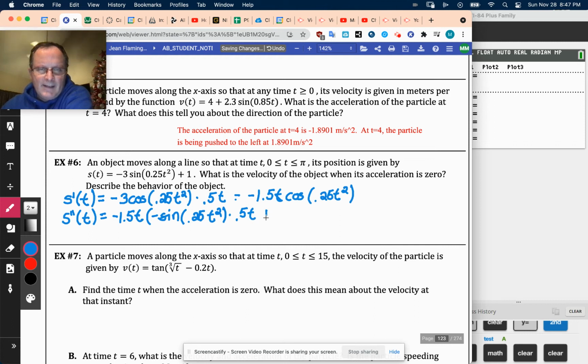Plus the second, which was the cosine 0.25 t squared, and the derivative of the first, which is negative 1.5.